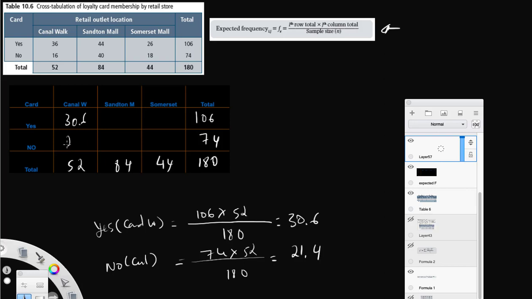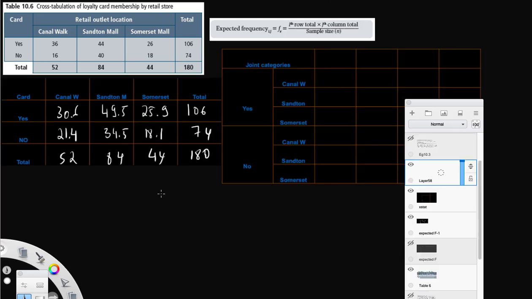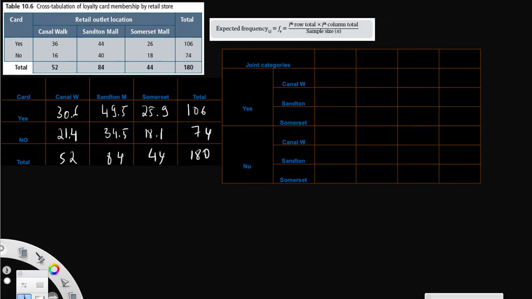At this moment I'm going to pause the video. Feel free to pause and do that as well, then we'll meet here when everything is complete. Welcome back. Just check your values, make sure that you got the same values as I did just now. Now that we've worked out our expected values, we have everything to jump onto this table.